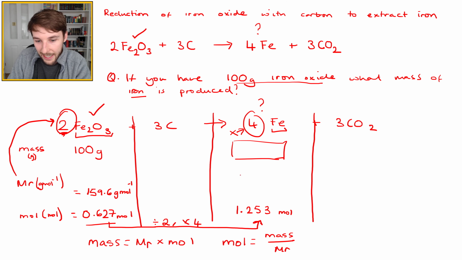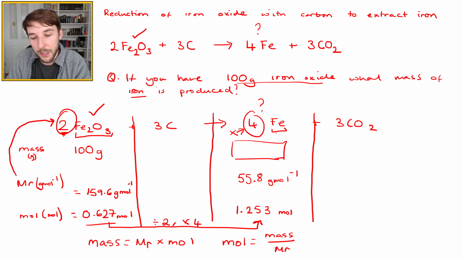So that's not really an MR, it's more of an AR, but it can go in that column. So 55.8 grams in a mole. Okay, so just for the formula, not using the coefficient, the only row that uses the coefficients is this mole row. Okay, so now what I've got to do is calculate a mass.